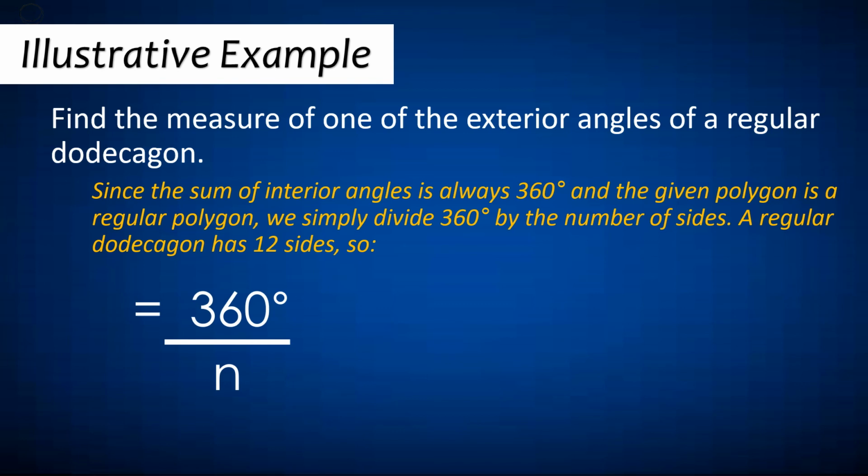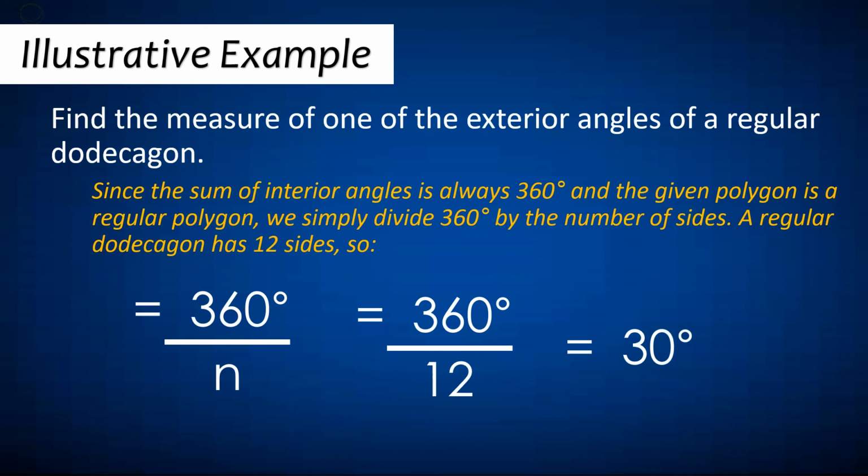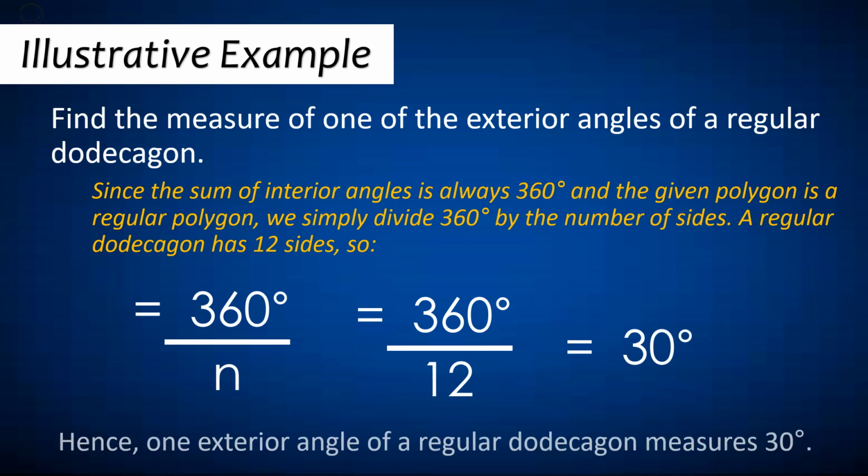So 360 divided by n. Given sa problem natin na siya ay dodecagon. At ang dodecagon ay may 12 sides. So yung 12, substitute natin kay n. So 360 divided by 12 is equal to 30 degrees. Therefore, we can conclude na one exterior angle of a regular dodecagon measures 30 degrees.